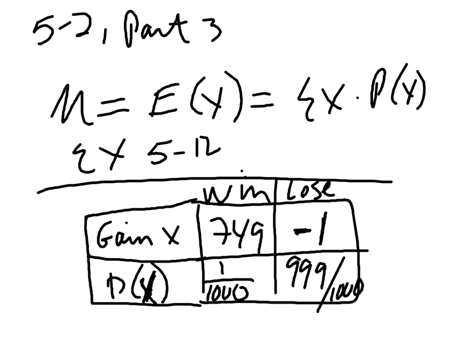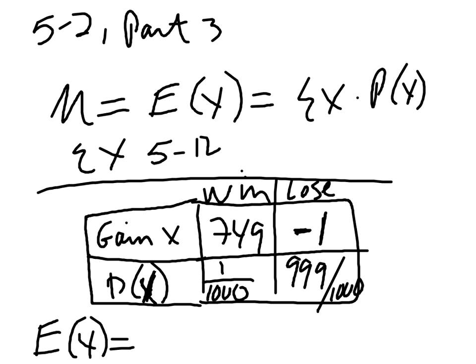So as we've seen before, our expectation in this case of x, which means, remember, this is phrased as what's the expected value of the gain if you purchase one ticket. We've seen this before. It's the sum of the x's times p of x.